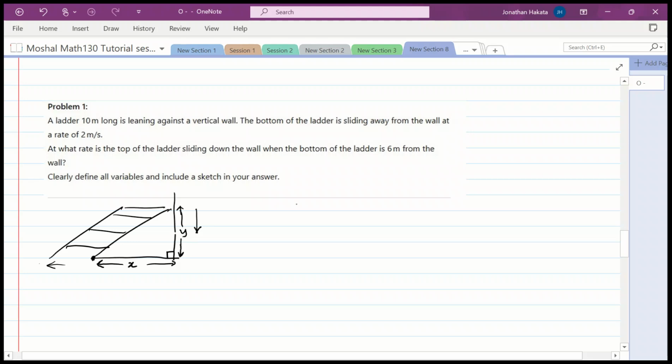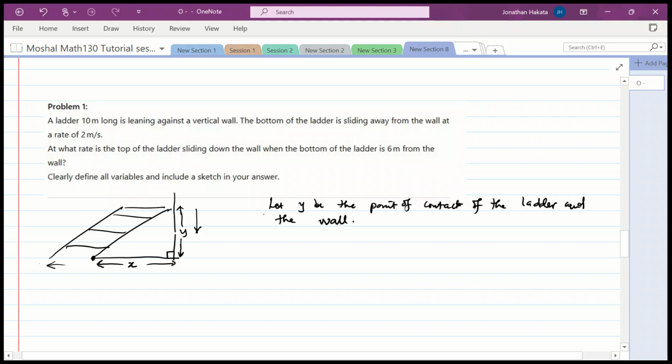So let's write down: let y be the point of contact of the ladder and the wall.